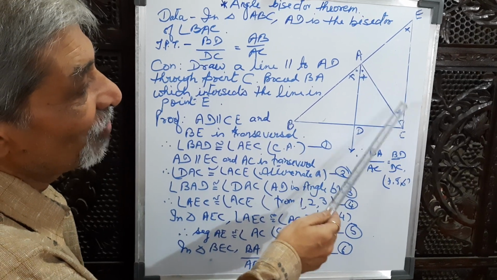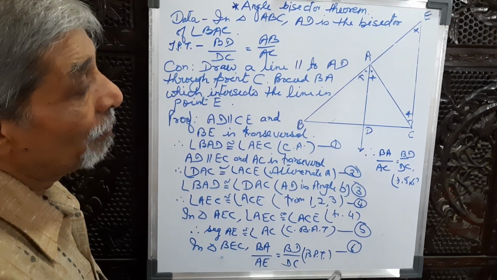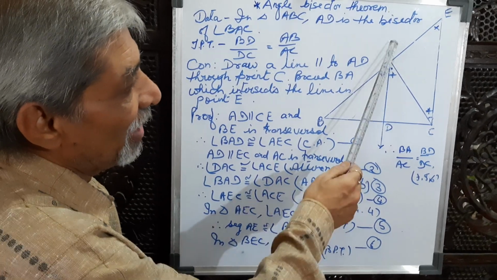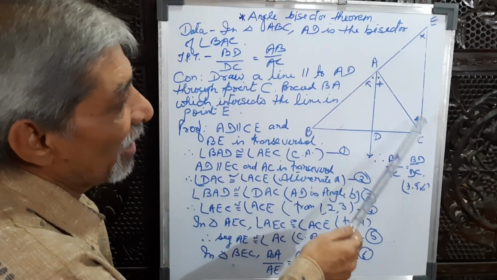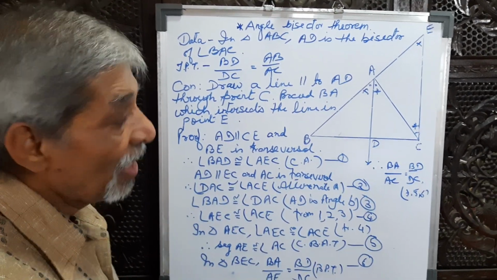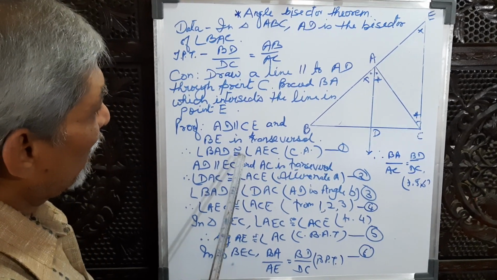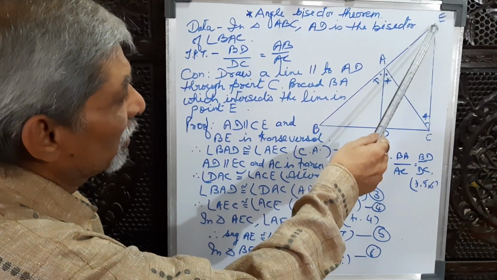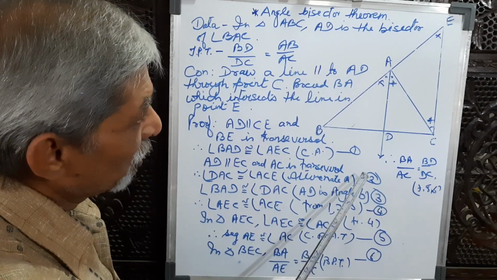This angle to this angle is shown by the plus sign. Here it is written, this is equation number 1, and this to this is equation number 2.